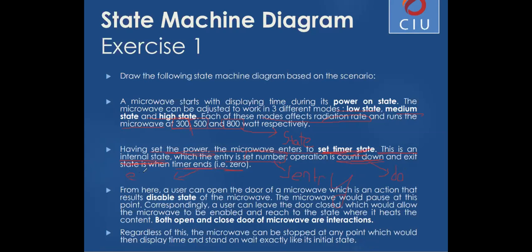You can tell just from how it is worded that it is an internal state, and you can structure it so that three states come into one state, and it will create the initial state. Having done so, a user can open the door of the microwave, which is an action that results in the disabled state of the microwave.